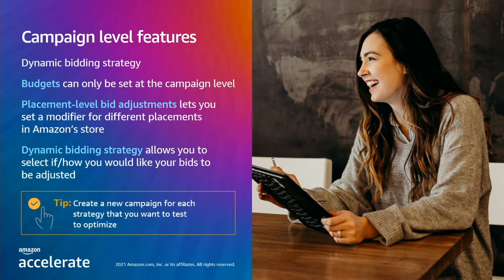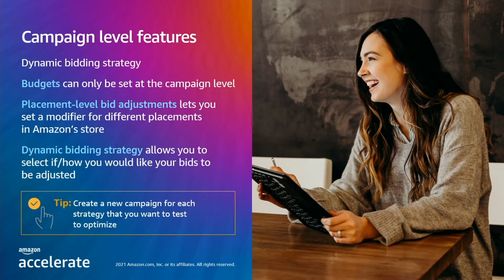Next, you have access to placement level bid adjustments at the campaign level. These can help you refine what placements you want to be most competitive for. You can even see the metrics on how your campaigns perform in each placement to help inform your adjustments. Lastly, you have access to the dynamic bidding strategy.